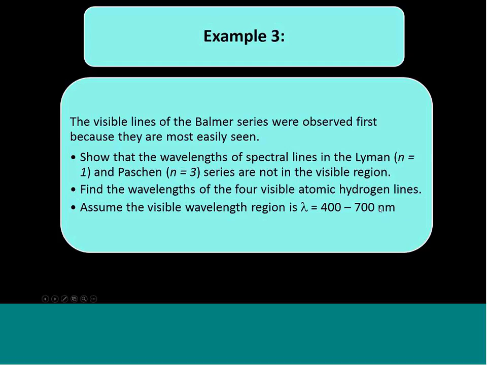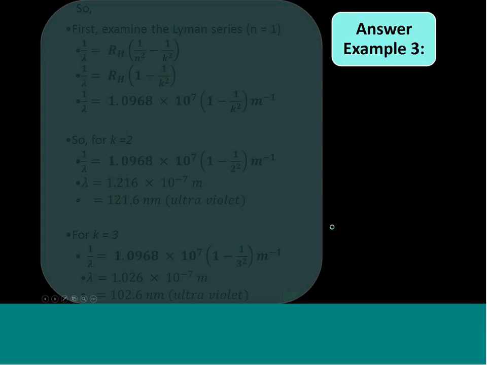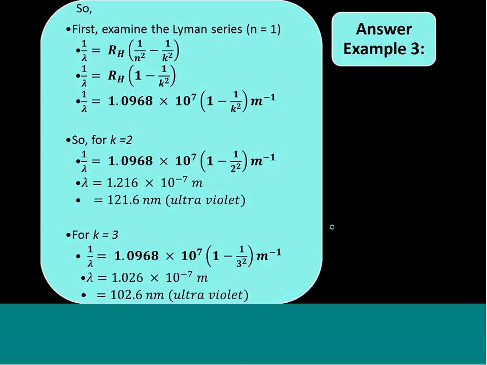So when you do calculation for Lyman and Paschen, kalau lambda yang diperoleh adalah dalam nilai ini, that means itu adalah visible wavelength. Okay, dengan Lyman series n1 equal to 1, formula ni kena hafal lah. Biar ada keluar dalam exam lah yang ni. Maksudnya kalau letakkan formula pun dapat markah.